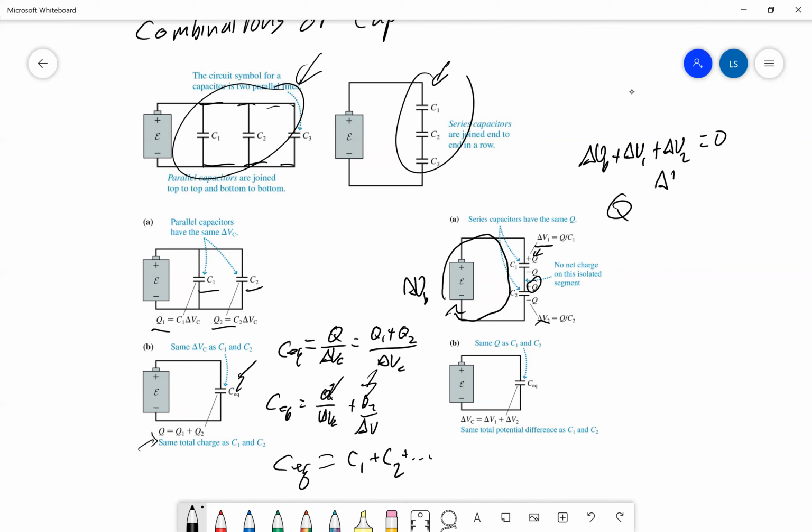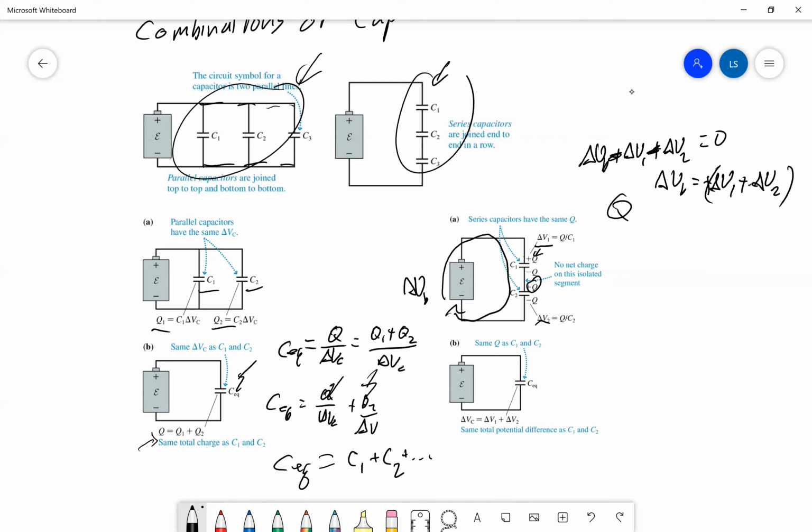That just tells you that delta V battery is equal to the negative of delta V1 plus delta V2. Well, this is actually negative because you go from positive to negative, so that's a negative, that's a negative, that's positive. So delta V battery is equal to delta V1 plus delta V2. So our equivalent capacitor has to have a potential drop which is equal to the sum of the potentials of those two individual capacitors.